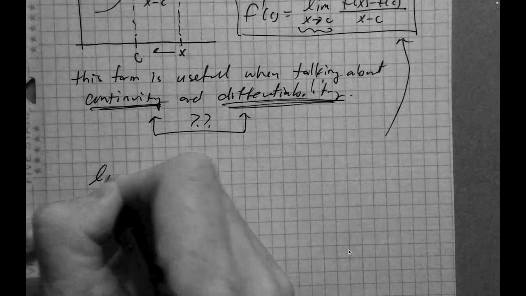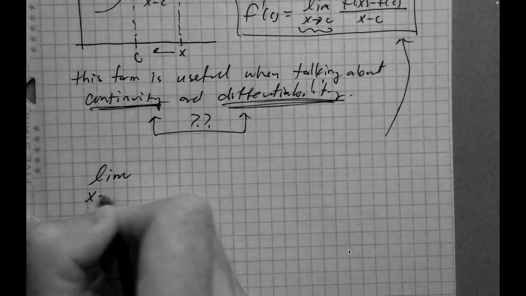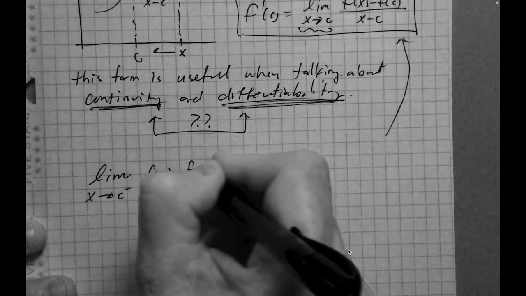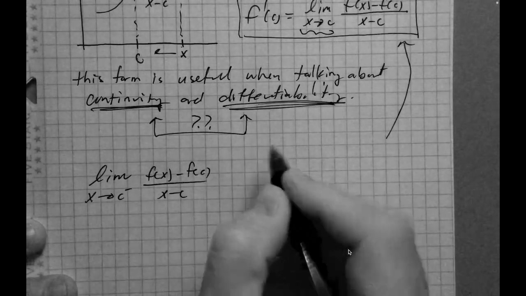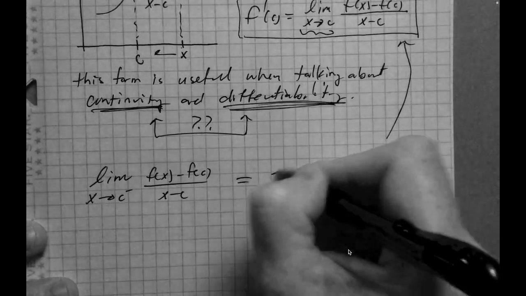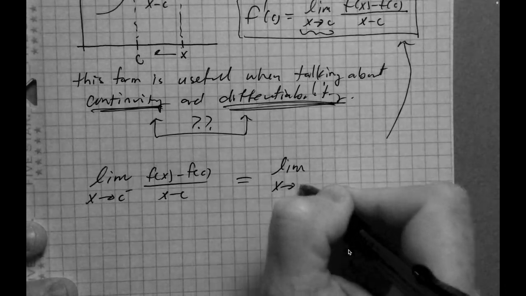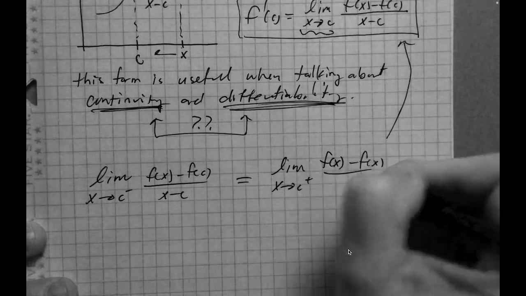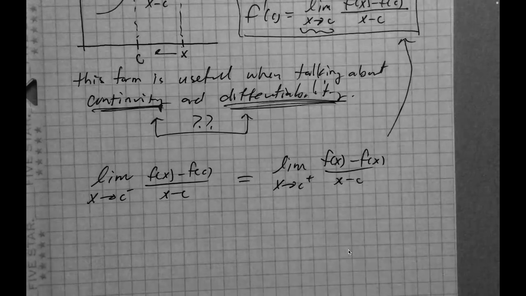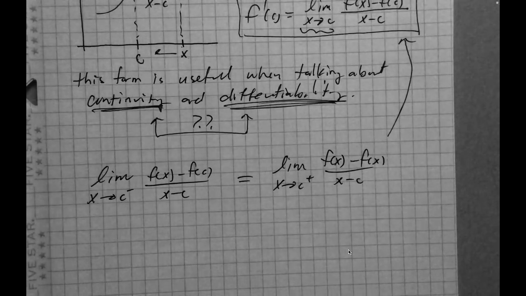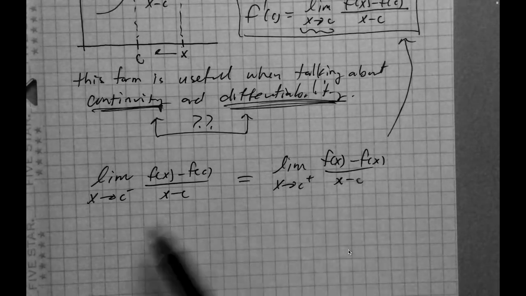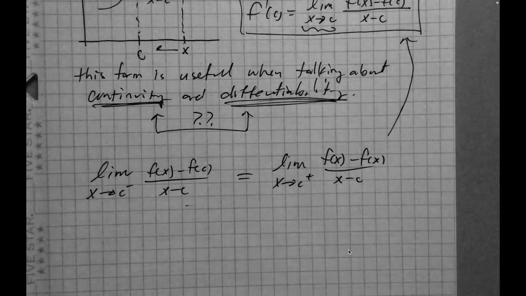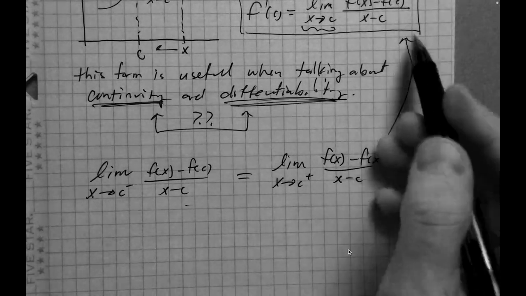Specifically, we would need the limit as x approaches c from the left of (f(x) - f(c))/(x - c) to exist and be equal to the limit as x approaches c from the other side of the same ratio, the same function here. So these two need to exist and be equal, and that's something that we need to explicitly say with regard to this definition.